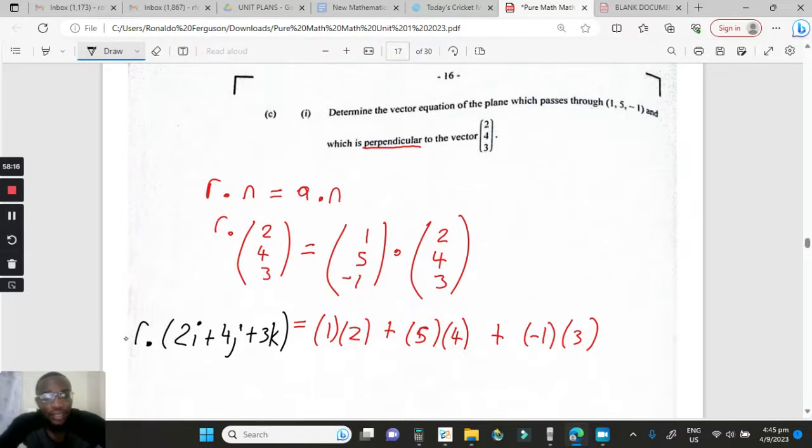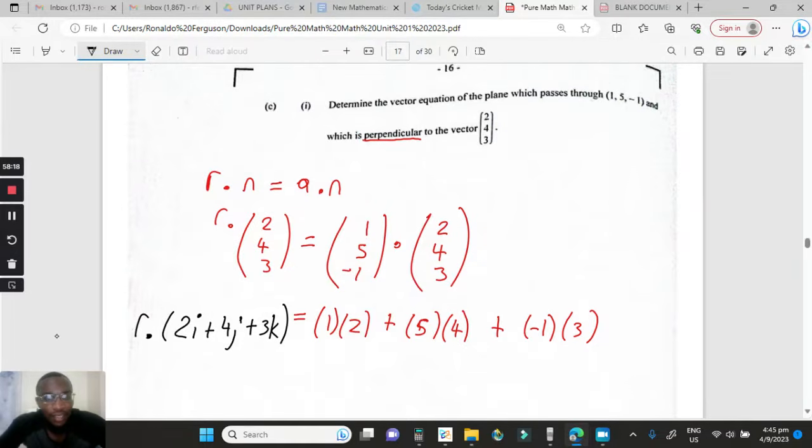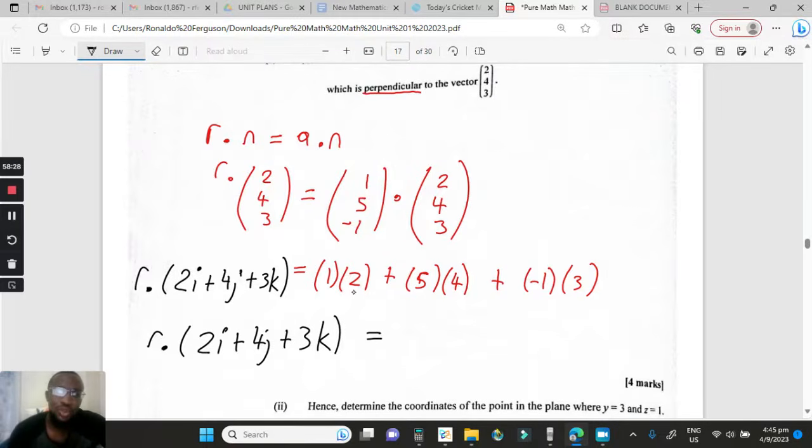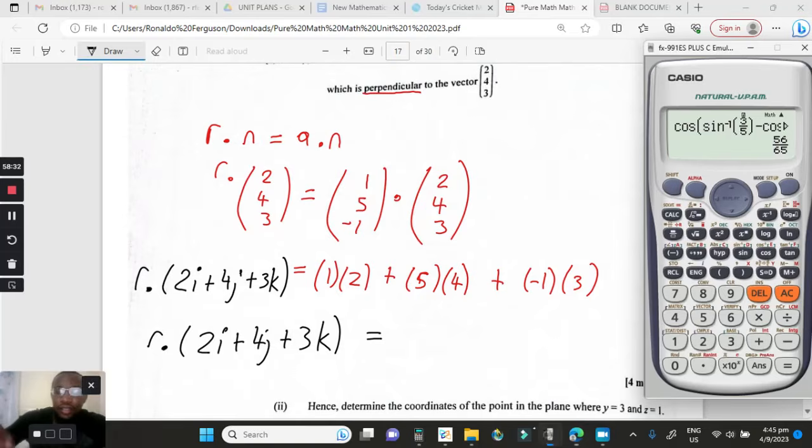So our vector equation is going to be r dot (2i plus 4j plus 3k) equal to 1 times 2 is 2, 5 times 4 is 20, and I'll just put all of it in the calculator: 2 plus 20 plus negative 1 times 3.